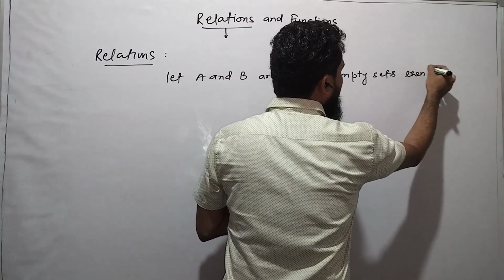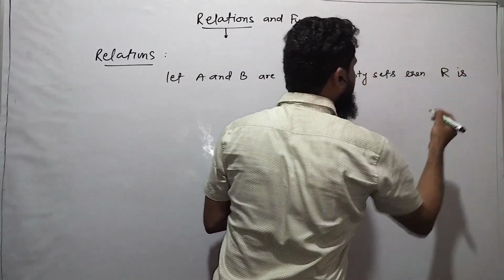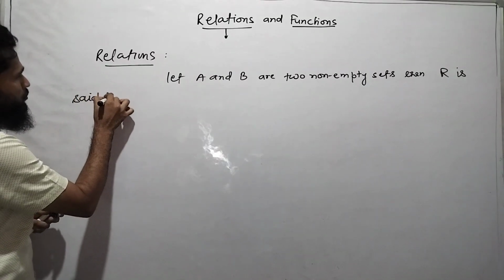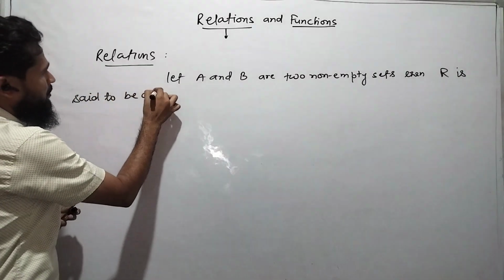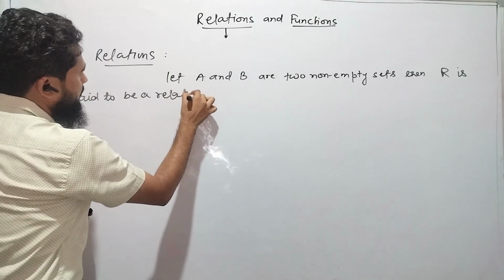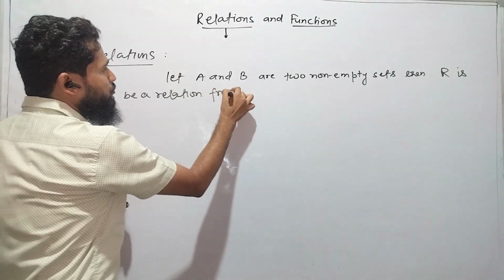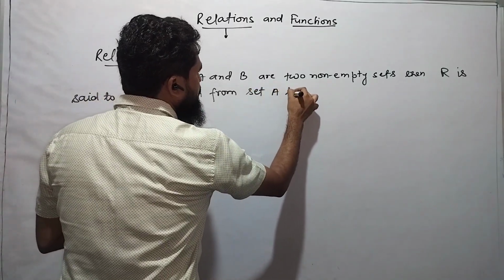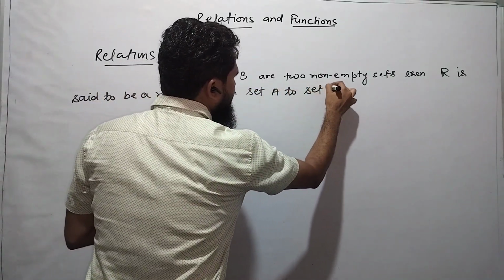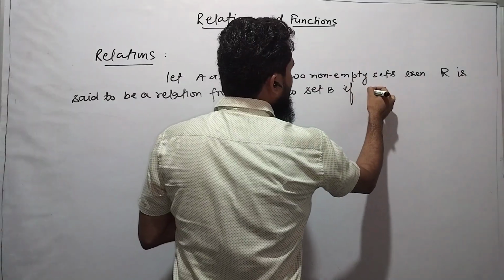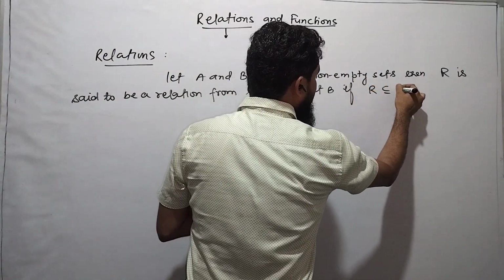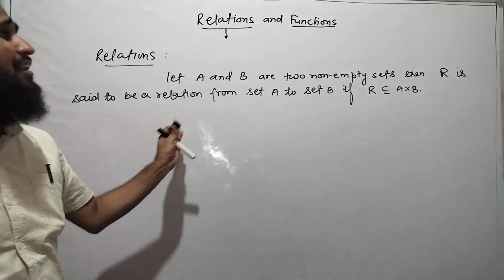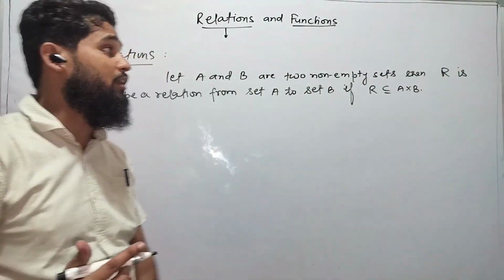Then capital R is said to be a relation from set A to set B if R is a subset of the Cartesian product A cross B.